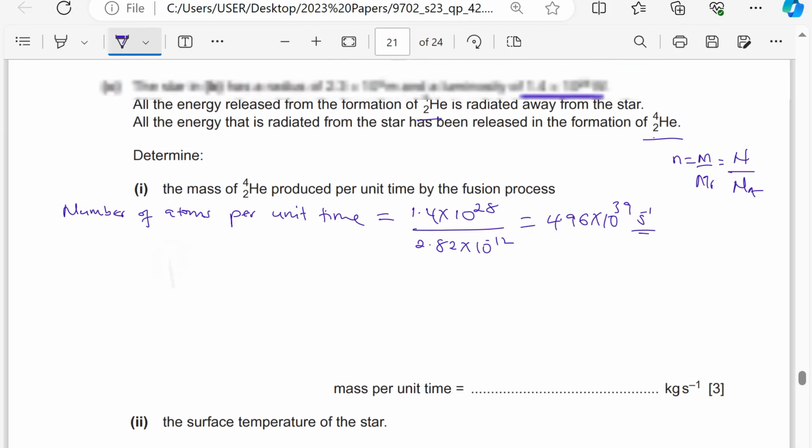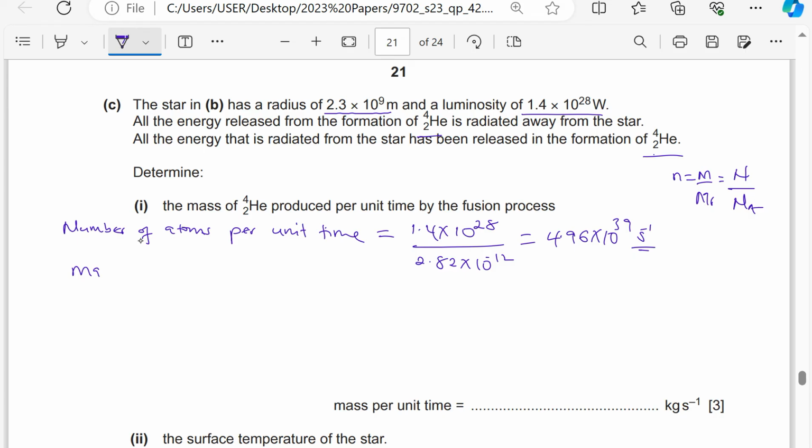Okay, let's find the mass of an atom. The mass of one atom. Of course, one atom of helium has a mass of 4U, that is 4 times 1.66 times 10 to the power of minus 27 in kilograms.